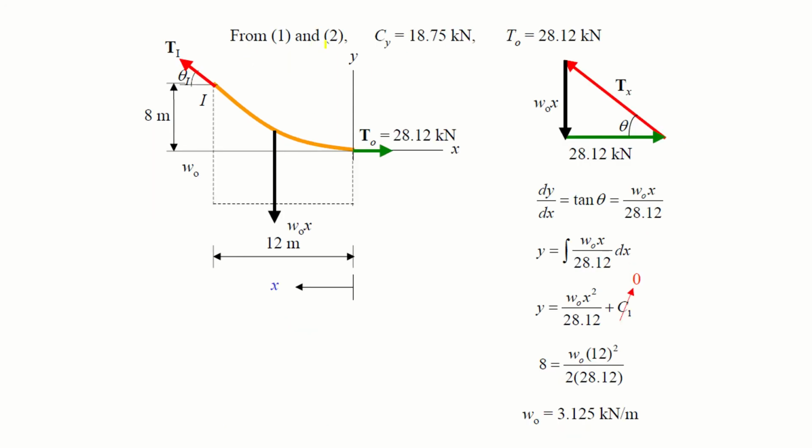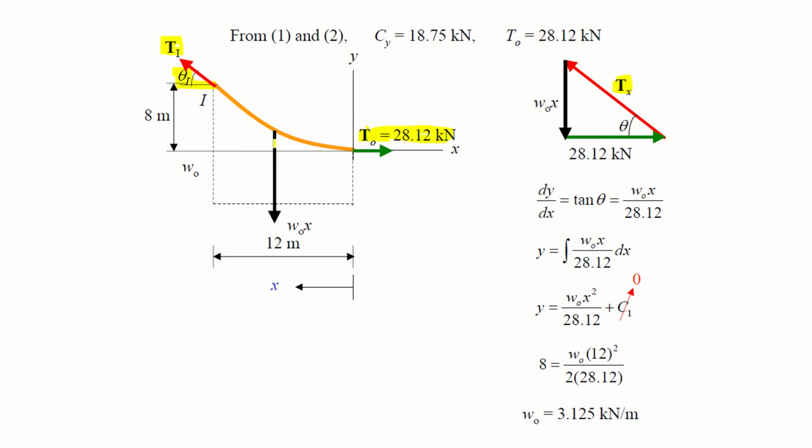Now from 1 and 2, Cy is equal to this and T naught is equal to this, we saw on the previous slide. As we know that the left section has this configuration, now we know this T naught. Okay, to know this Ti, we need to know this theta I, and to know this theta I, we have to know the geometry. For example, the Ti is a hypotenuse, the base is this T naught here, right?